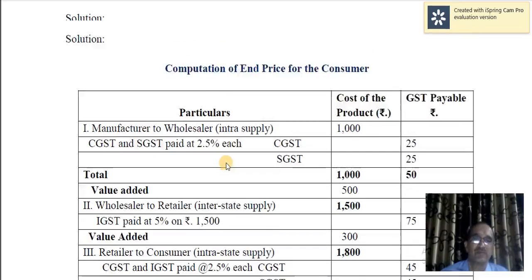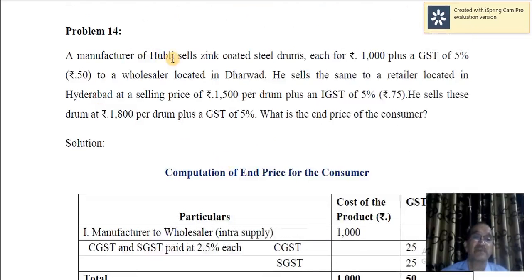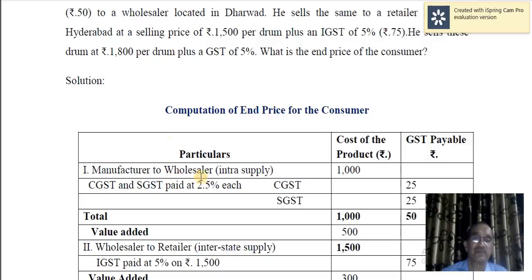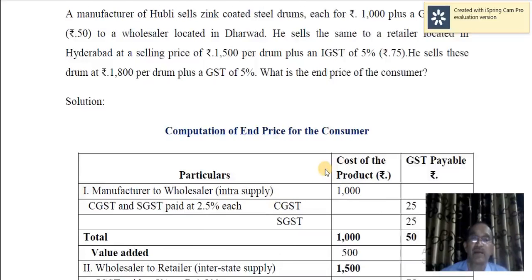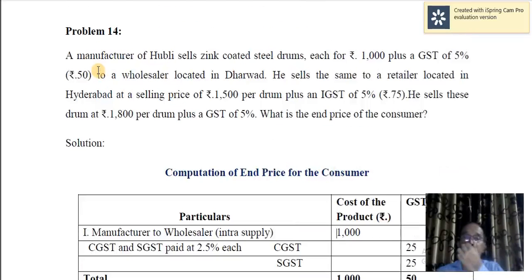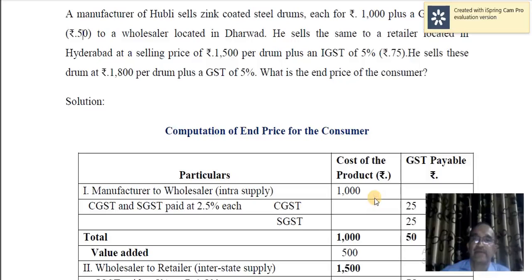Yes. Now, before that, let us analyze. So Hubli, manufacturer to wholesaler, intra supply. Value is 1,000 and GST is 5%. 5% on 1,000 is 50 rupees. It is given here. So at the rate of 2.5, that will come to 25 and 25.